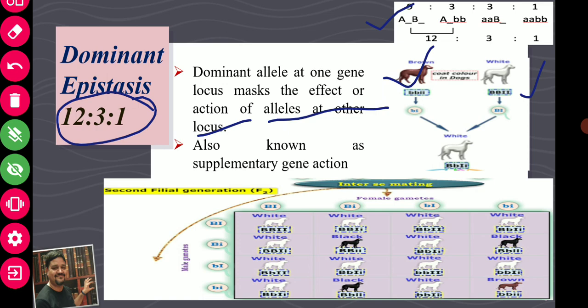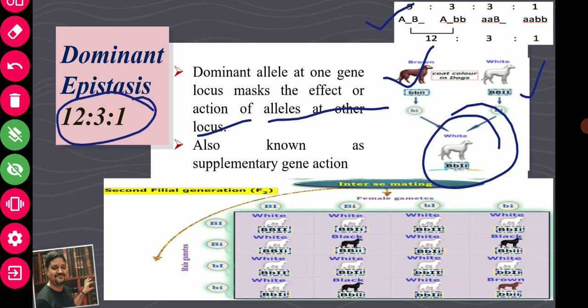Whenever a dominant allele is present at the I locus, it will mask the effect of the B locus. So when these two dogs are crossed, the resultant dog is again white because there is dominance at the I locus. Although there is dominance at the B locus also, since I is the epistatic gene, it will mask the effect of the B allele.